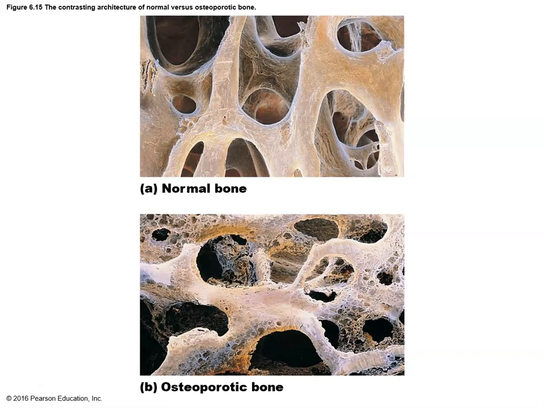When osteoporosis occurs, this typically occurs after menopause. Menopause is a major hormone recalibration for the female body. It's resetting the body from reproductive hormone cycles to a non-reproductive hormone status.